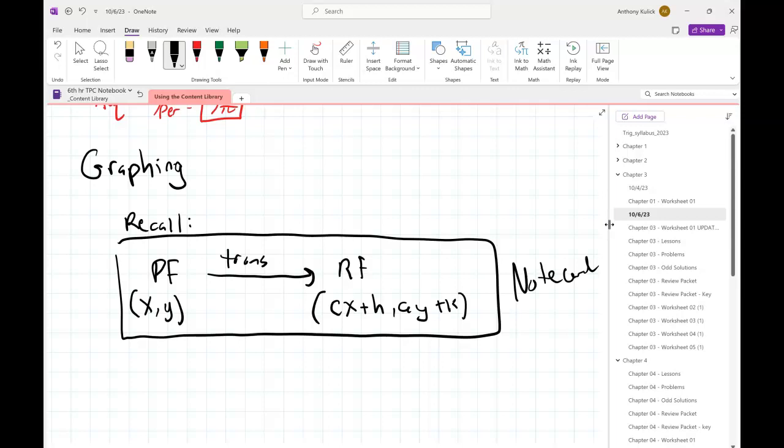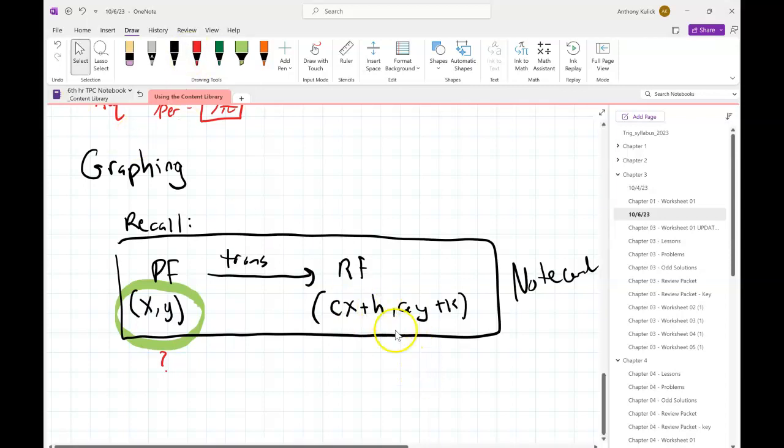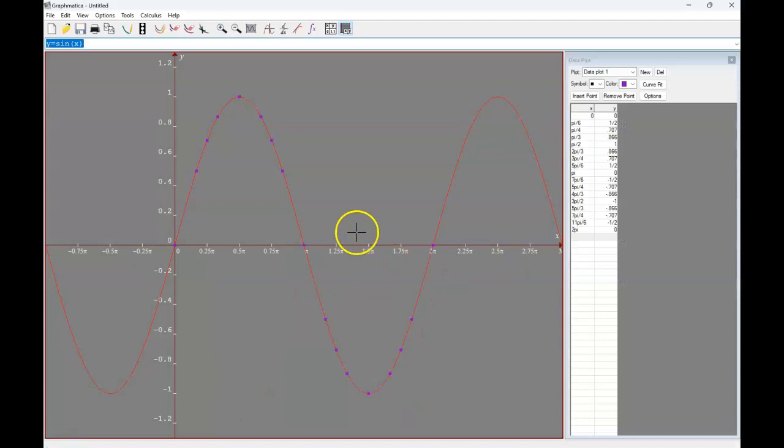Okay. So if we want to do the same thing with sine, cosine, tangent, etc., the question becomes, what point should I be using for my parent function? Right? So let's take sine, for example. So this was all the points that I used to graph one cycle.